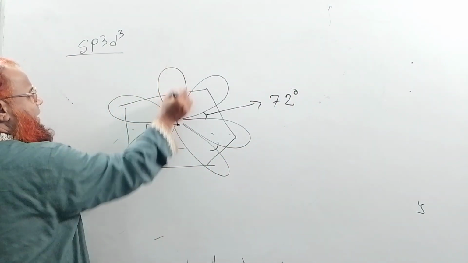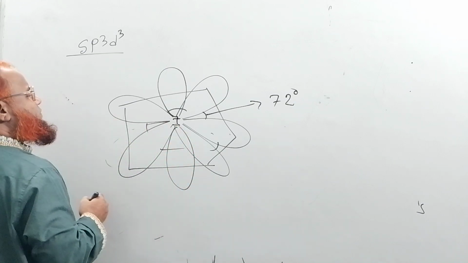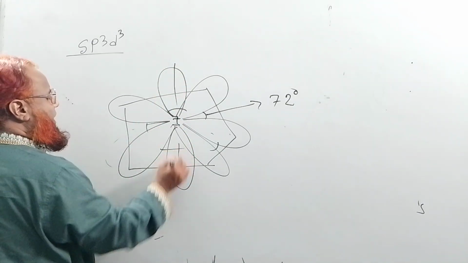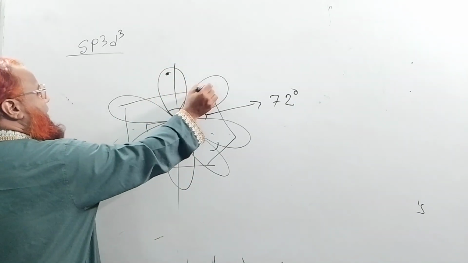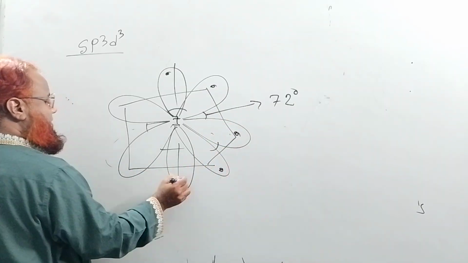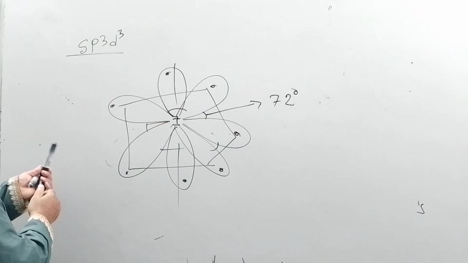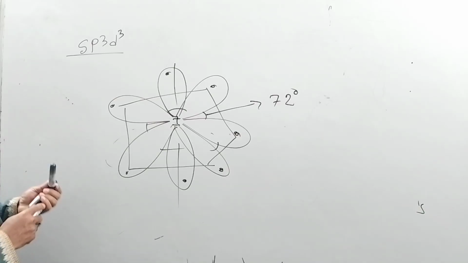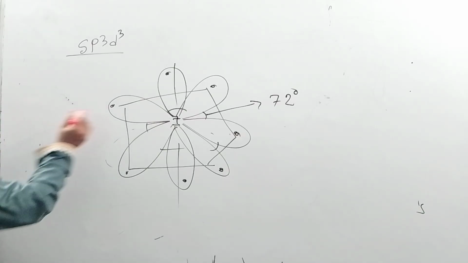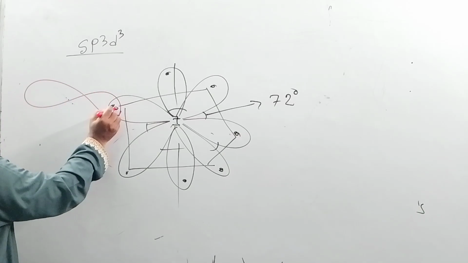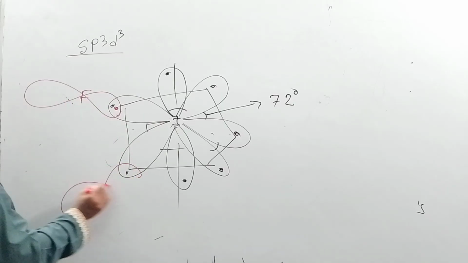Now, this is iodine and here the rest of the 2 hybrid orbitals will remain perpendicular, and every hybrid orbital will contain a single electron and they become paired through head to head overlapping with fluorine, like this, fluorine, like this, fluorine.